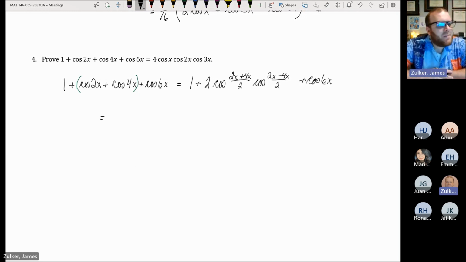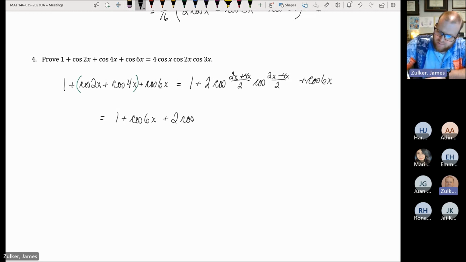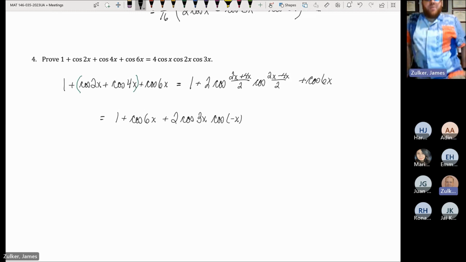Okay. Using commutativity, I'm going to write the cosine 6x before this term. Right, and then simplifying, we're going to have 2 cosine of 3x, cosine of negative x.